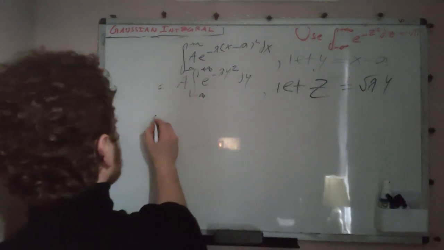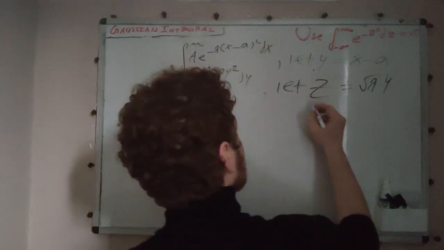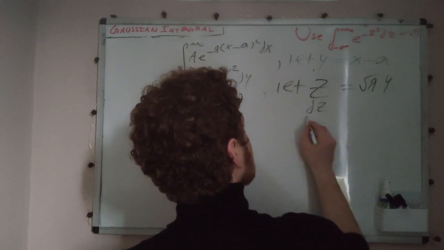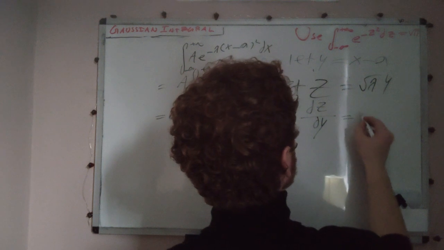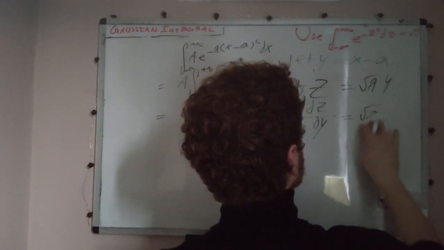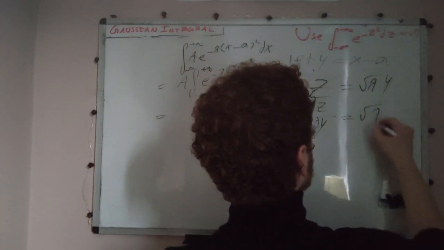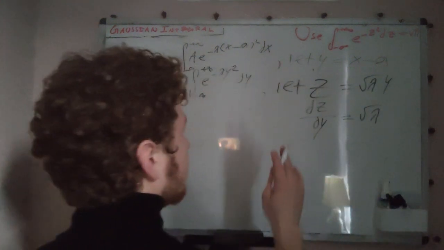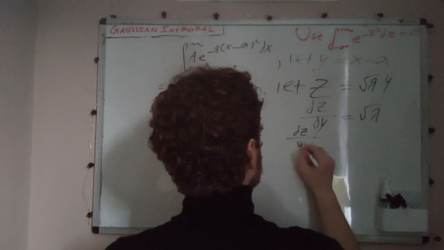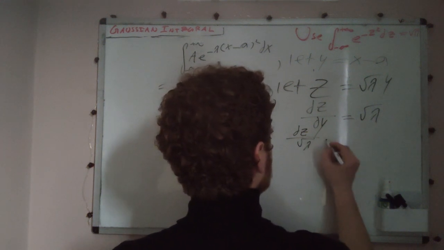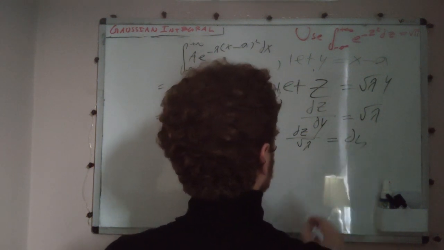So then we take dz/dy, we get square root of lambda. And then solving for dy, we get dz over square root of lambda.